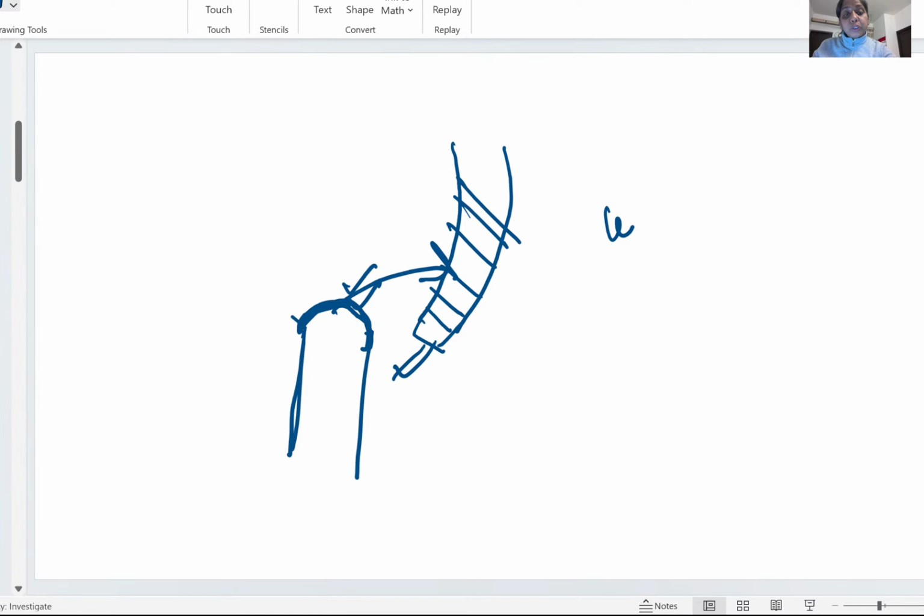Okay, so every vault surgery will have what in common? It will have the word sacrum in common.